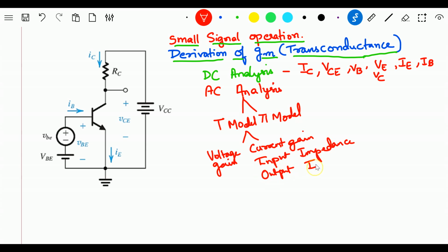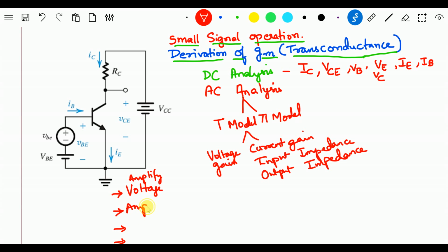As I told you earlier, any amplifier circuit that we design, we go in measuring four different things. One is to amplify the voltage. The other one is to amplify the current.